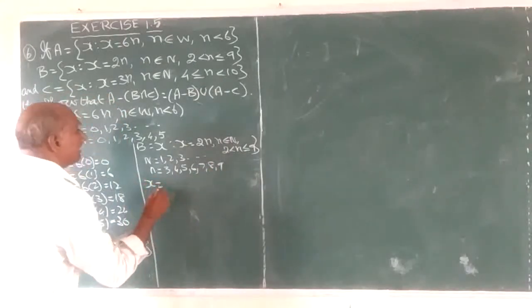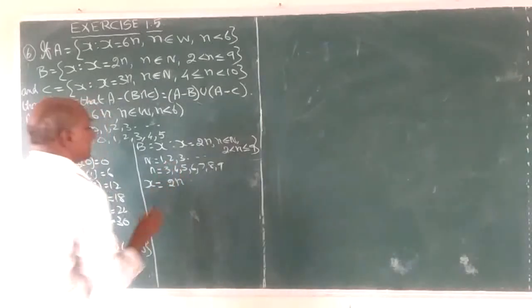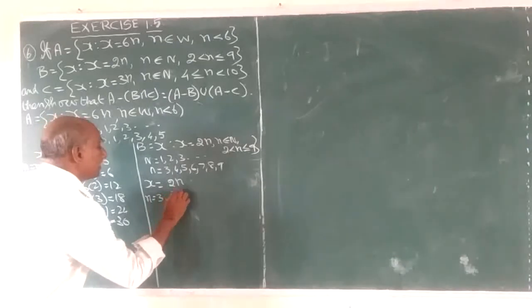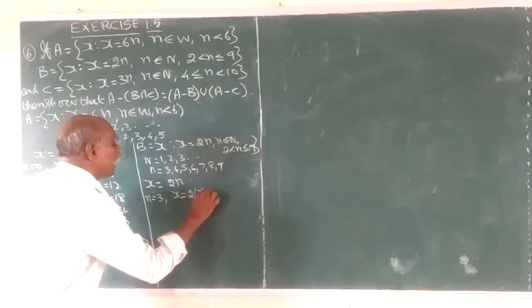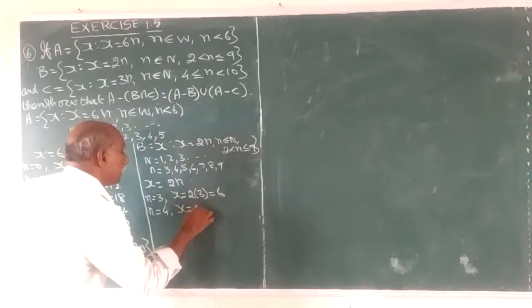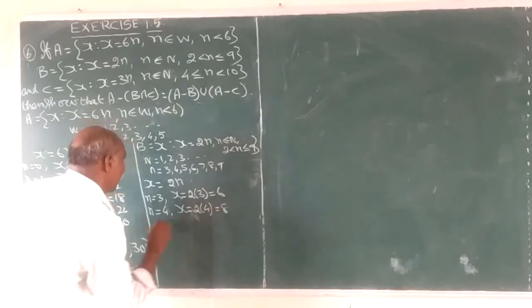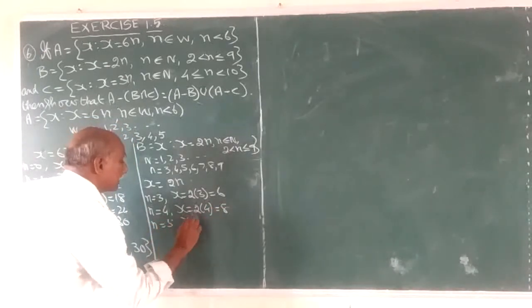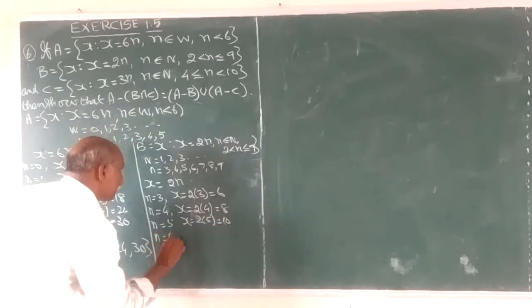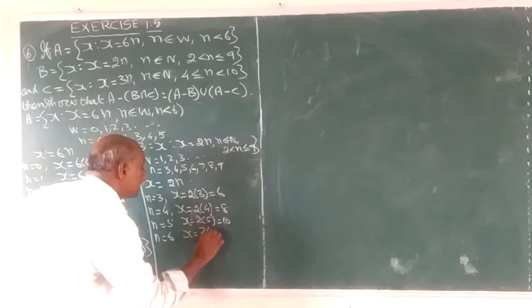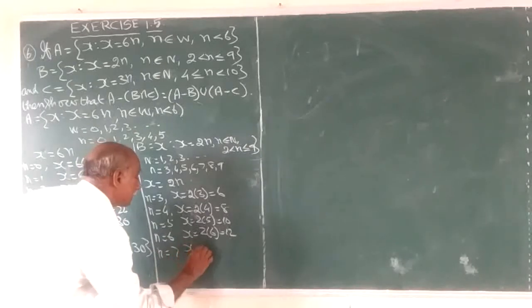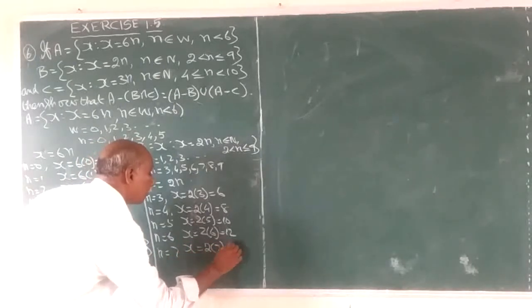Now x equals 2n. For n equal to 3, x equals 2 into 3, that means 6. n equal to 4, x equals 2 into 4, 8. n equal to 5, x equals 10. n equal to 6, x equals 12. n equal to 7, x equals 14.